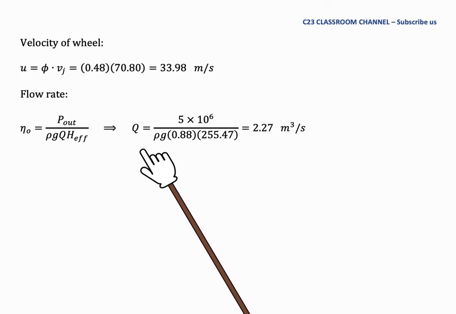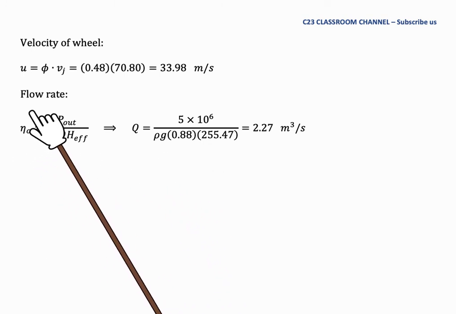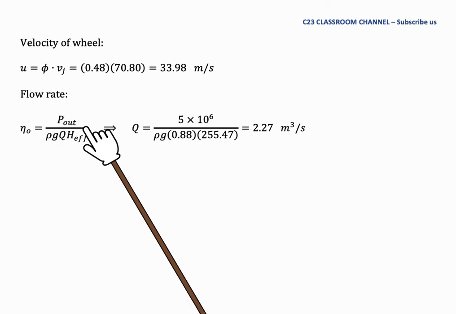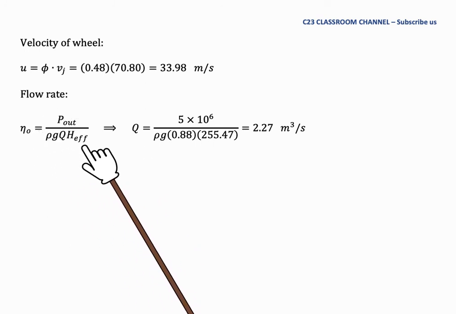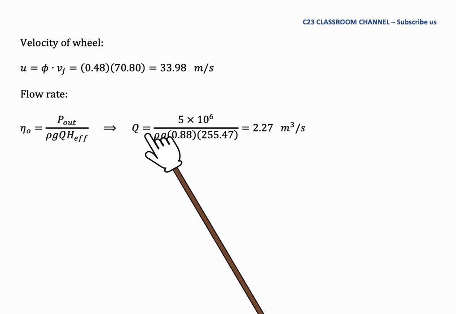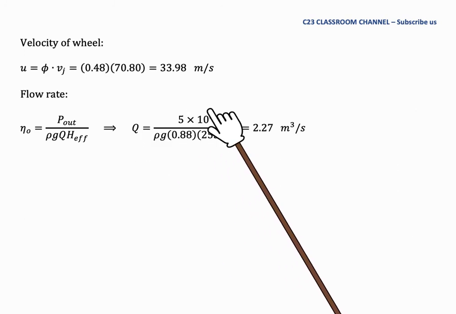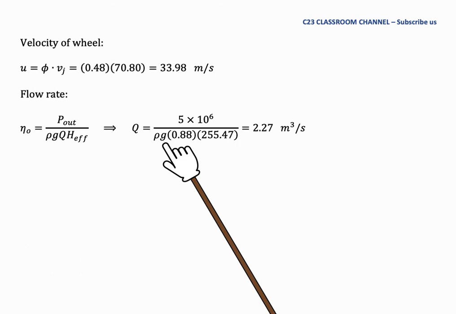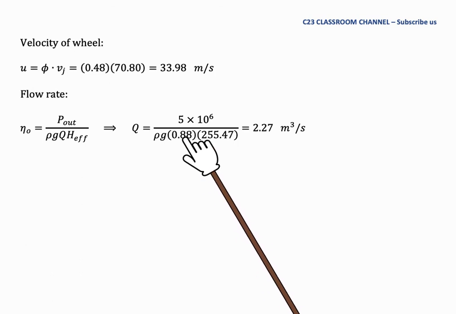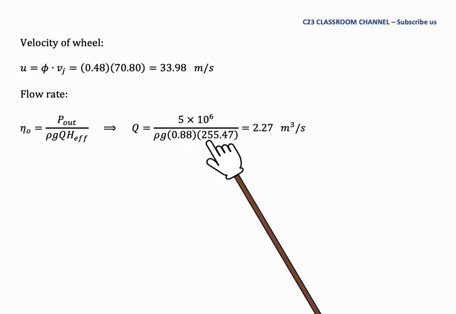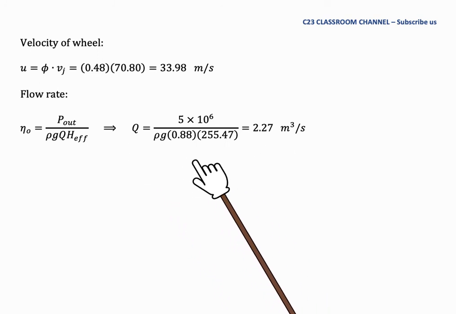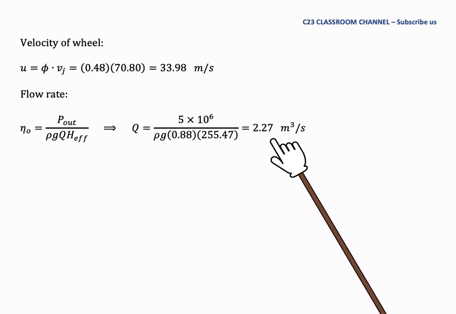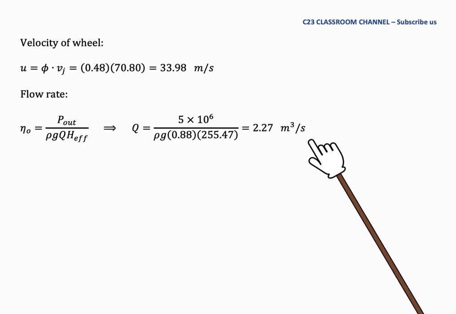To calculate the flow rate, we use the equation of overall efficiency and rearrange it. We get Q equal to power out divided by rho g, overall efficiency, and effective head. We substitute all the values, and we get the flow rate equal to 2.27 cubic meters per second.